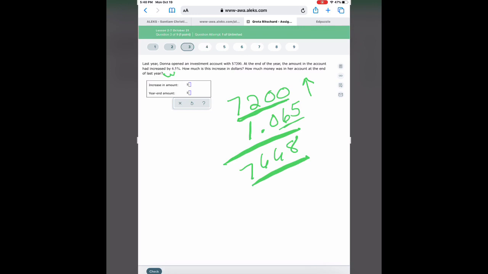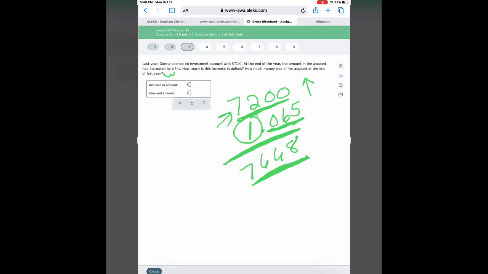So the increase in amount, how much was this increase in dollars? Oh, we actually probably do need to multiply by just this amount to find out what the increase was in dollars, or we could take this amount and subtract the 7,200. We go minus 7,200.